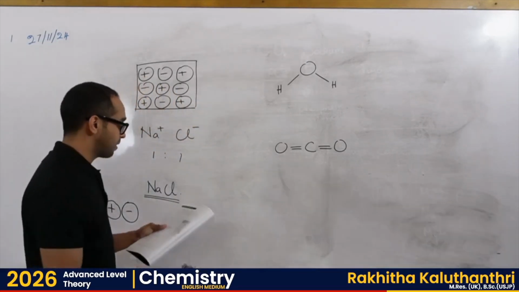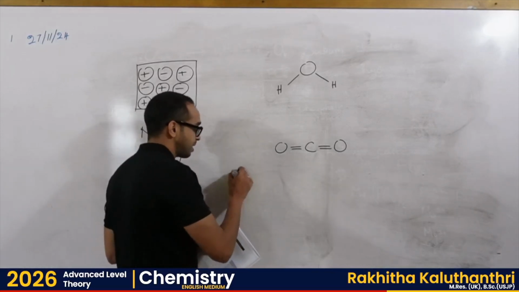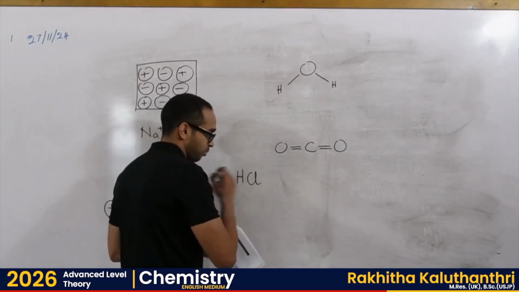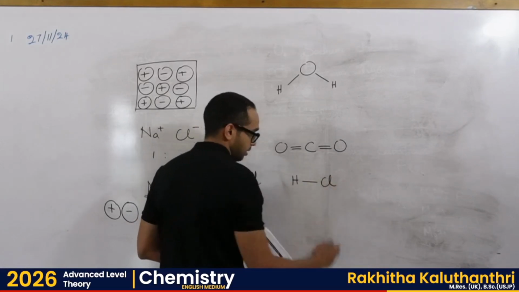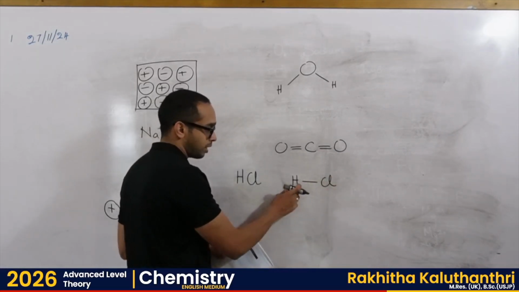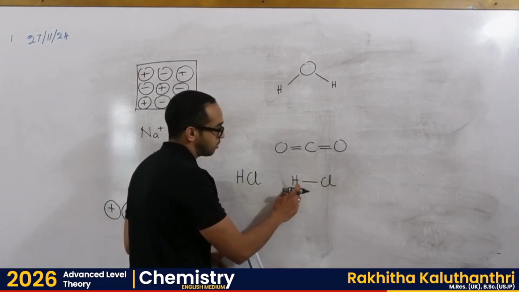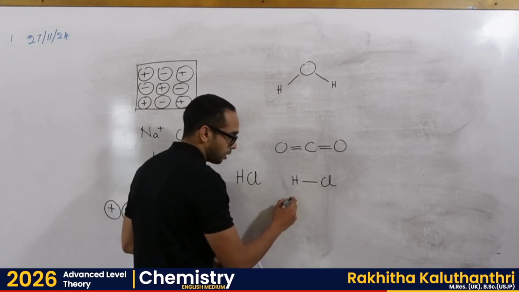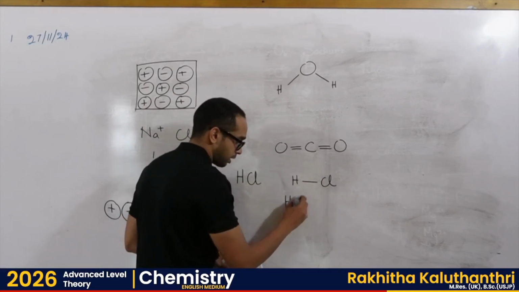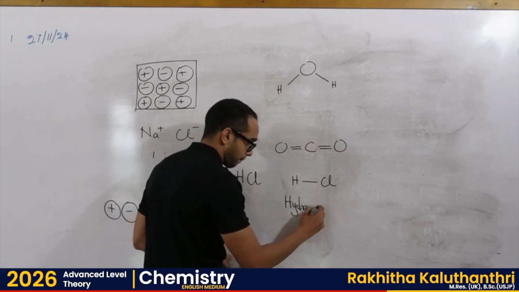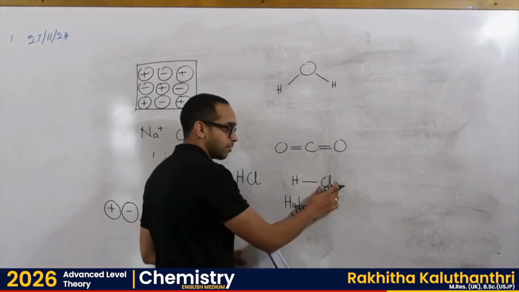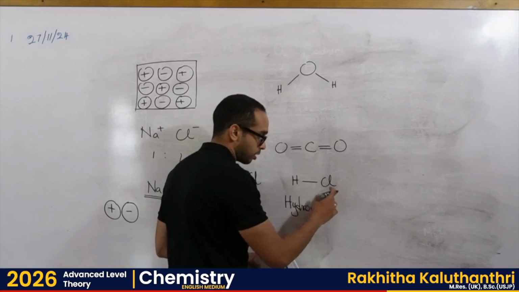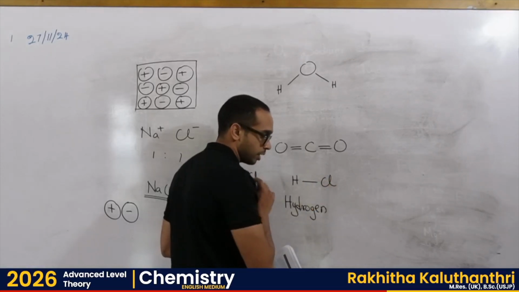For example, I have given you the name of the HCl molecule, which is this molecule. Over here we know hydrogen has a positive oxidation number, so hydrogen is going to be named first. We write hydrogen, followed by the name of the element with a negative oxidation state, which is chlorine here.